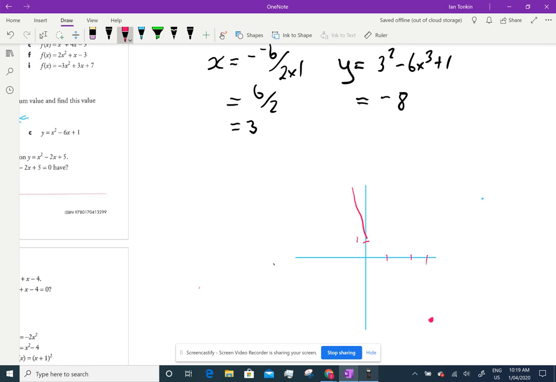So it's going to go that way, and I'm just going to extend that. Now, even looking at that, you can see that I haven't really done this to scale.